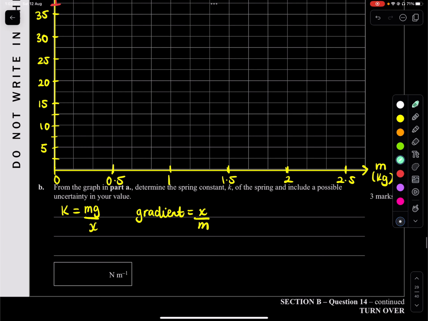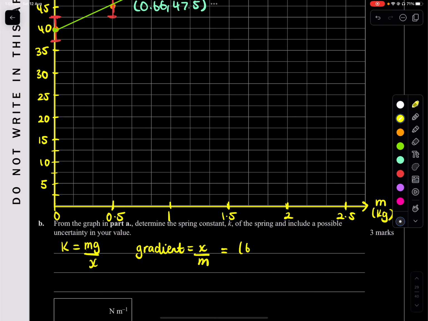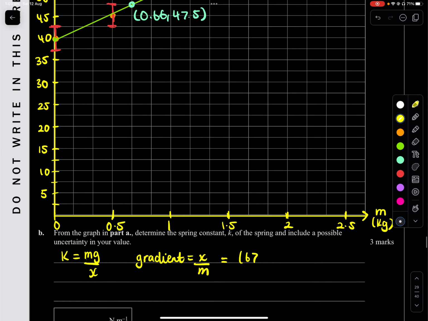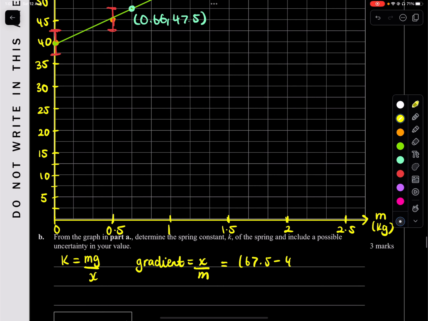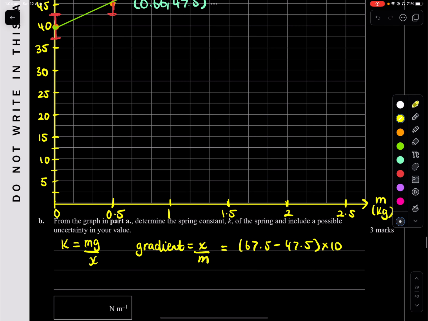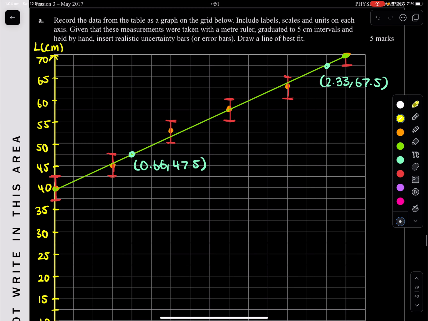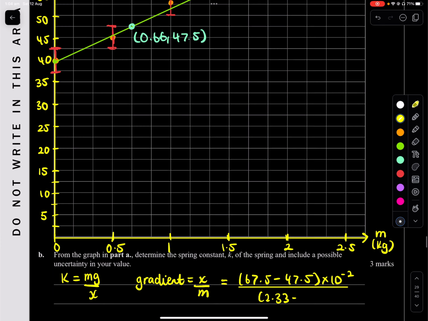Okay, we got these two values, so let's do it. What we're going to do is 67.5 minus 47.5. But remember it's in centimeters, and we want to make it meters, so times 10 to the negative 2, all over 2.33 minus 0.66.